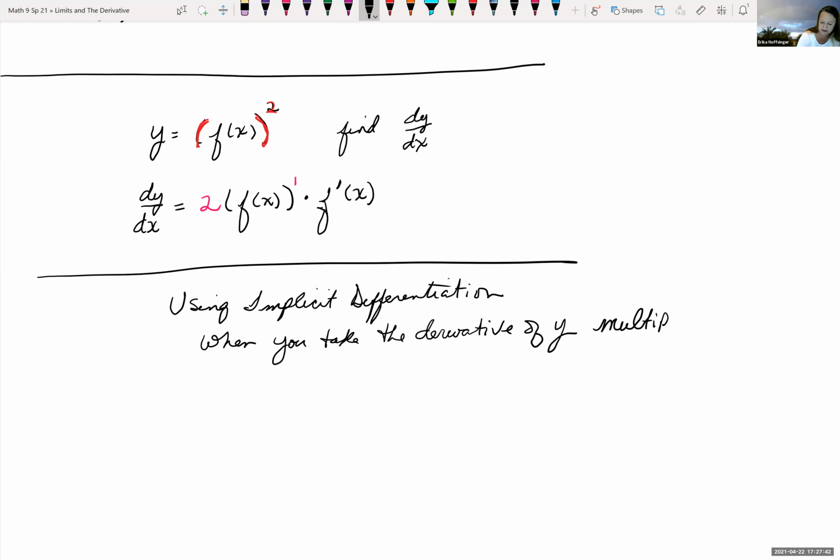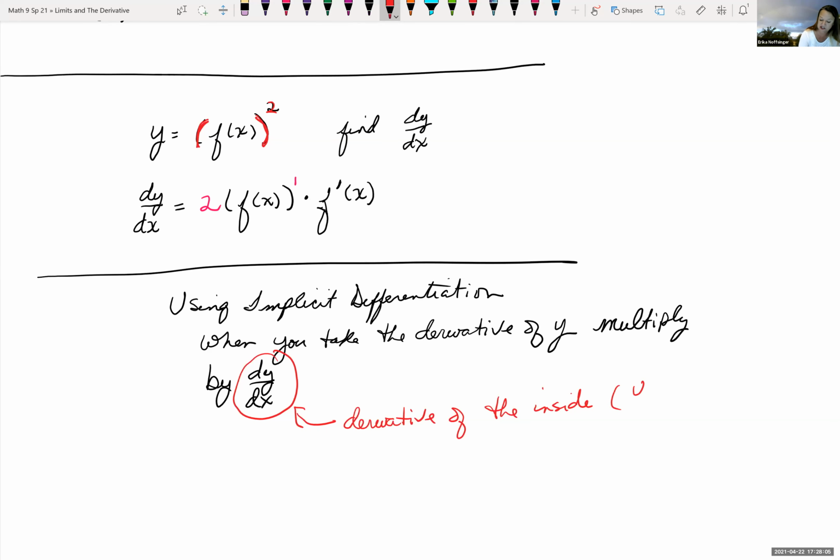Multiply by dy dx. That's just another way to say the derivative of the inside. And all we're doing is using the chain rule.